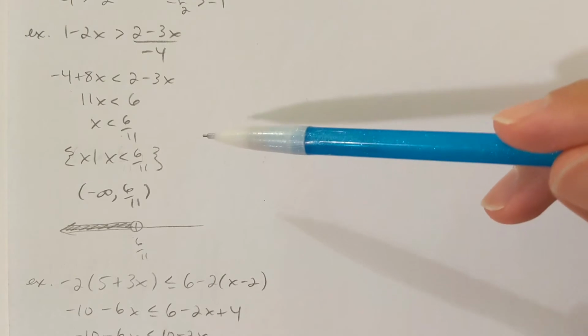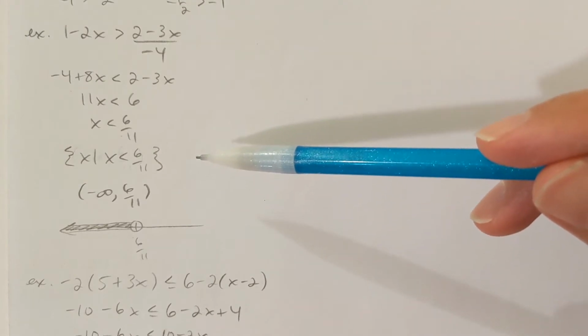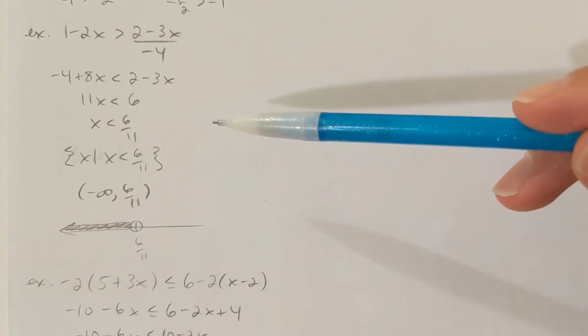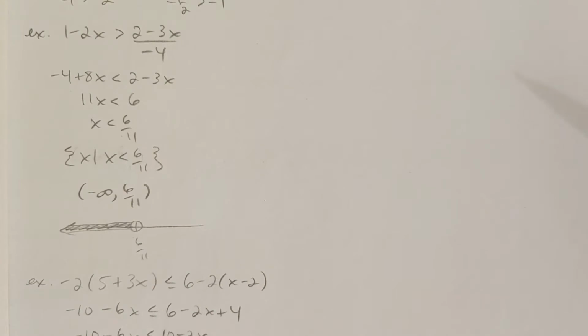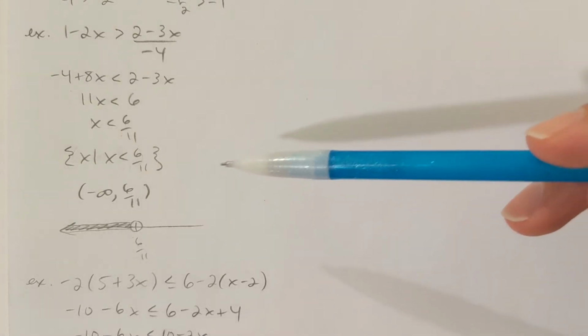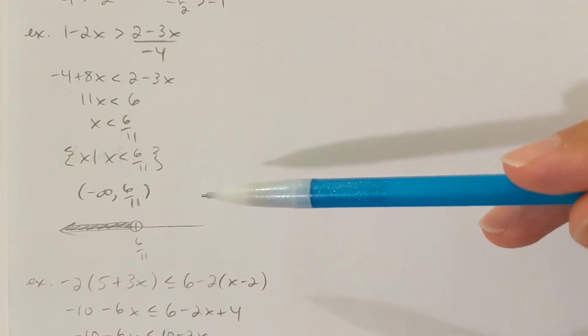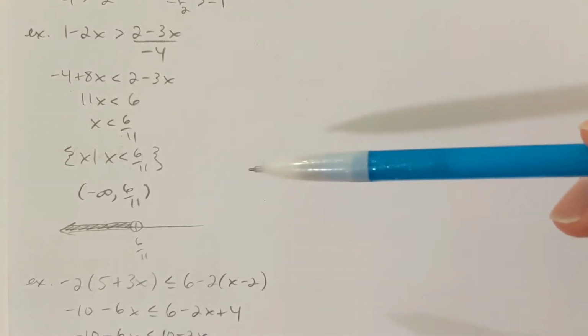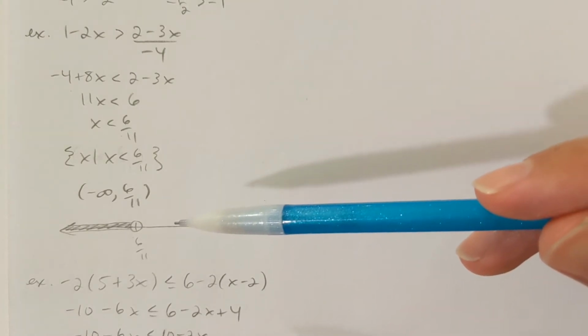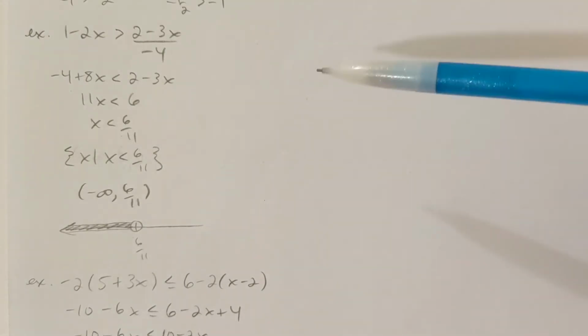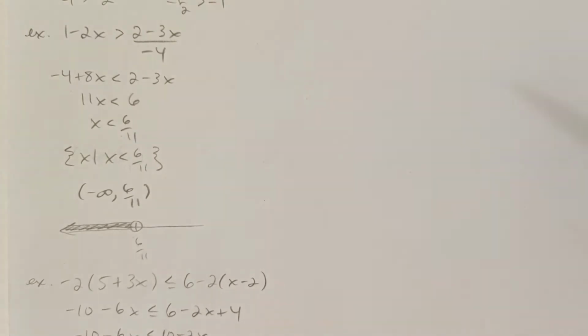The set of all x such that x is less than 6 over 11 would be my answer using set builder notation, and using interval notation, -infinity to 6/11. Make sure that there's a parenthesis by 6/11. If we were to graph on the number line, 6/11 is our number, which we're not including. Anything less than that, though.